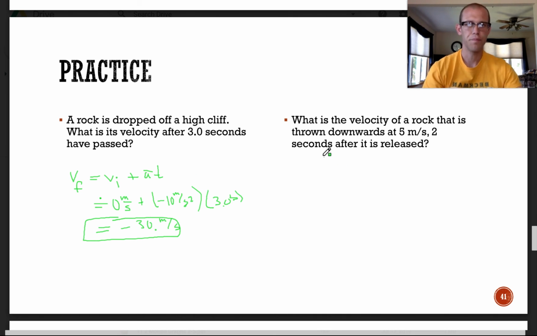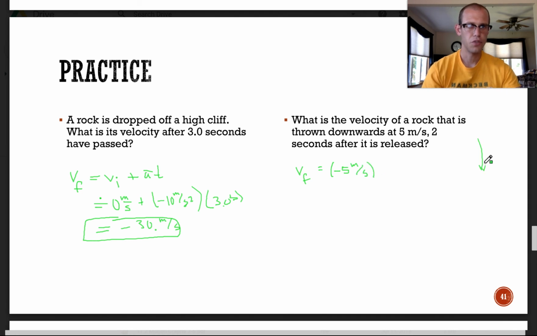Let's try another one. What is the velocity of a rock that is thrown downwards at 5 meters per second, 2 seconds after it's released? So we're looking for a velocity. The initial velocity is thrown down at 5. So I will symbolize down as negative.